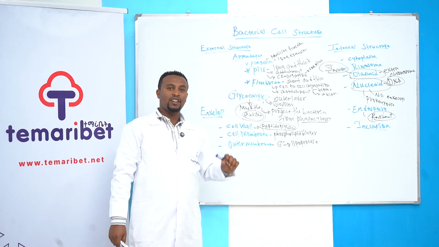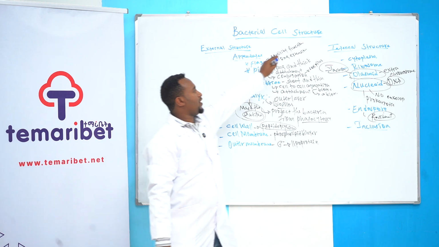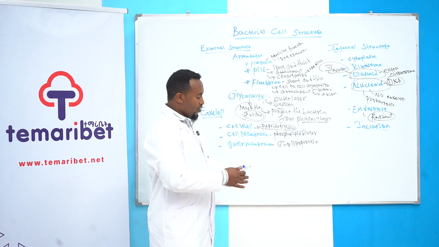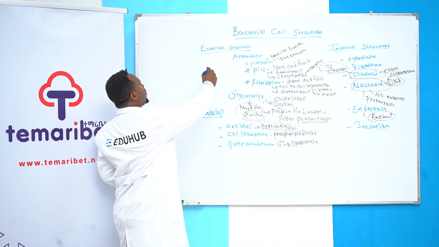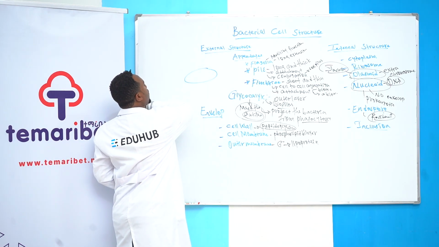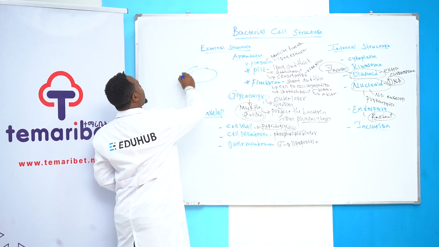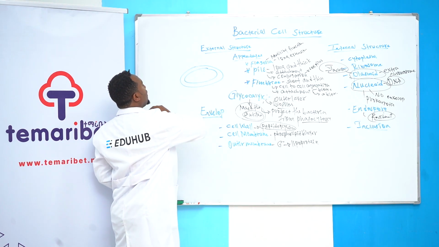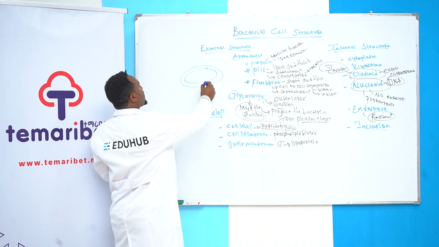So in general, we classify the bacterial structure into three categories: the envelope, the external structure, and the internal structure. Let's see a simple picture of the structure of the bacteria. This is the cell membrane, and there is the cell wall. From the cell wall there are different extensions.